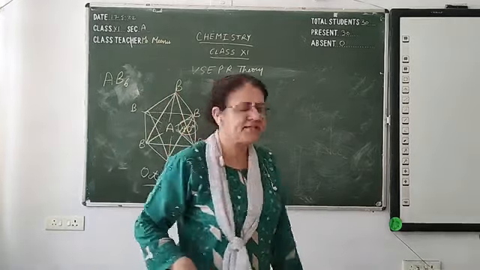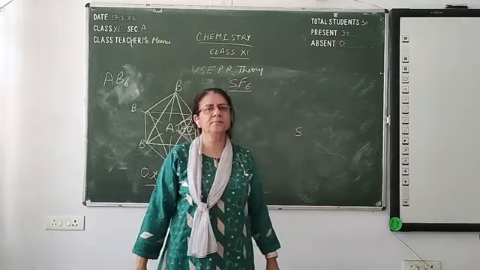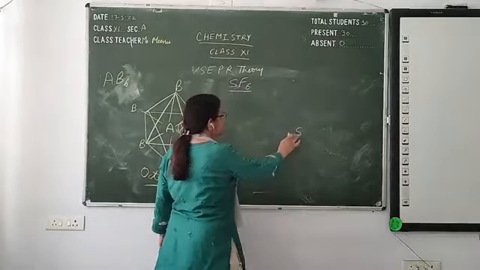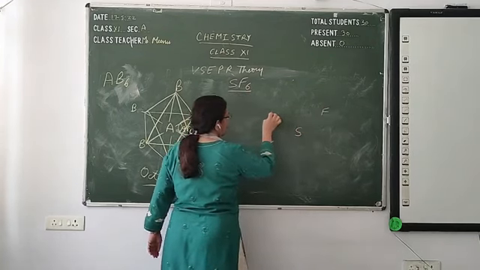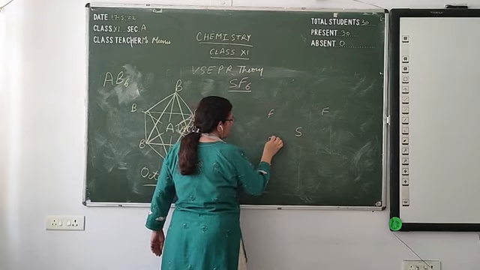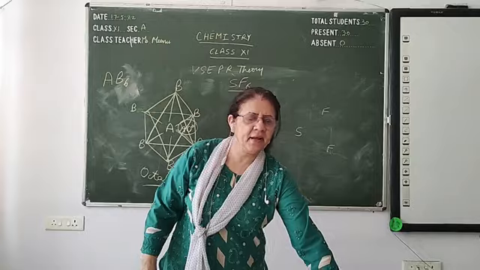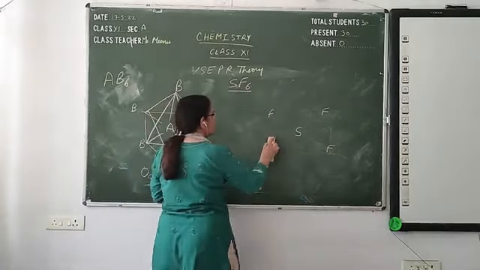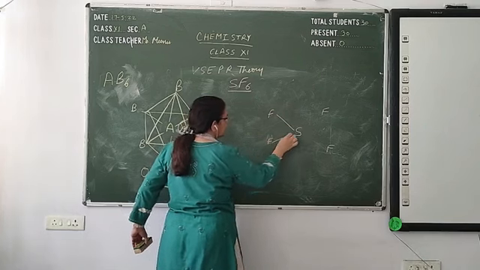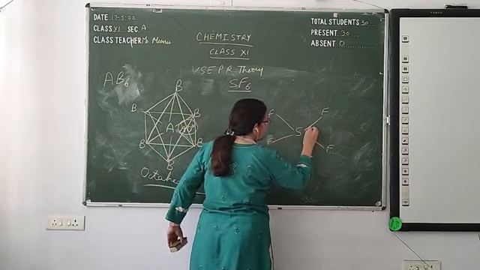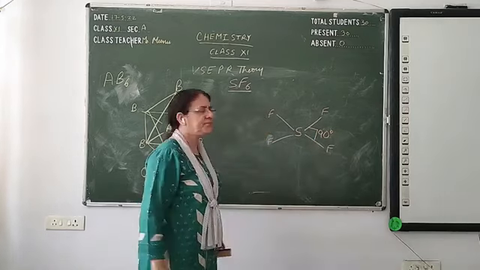In case of SF6, sulfur is the central atom, okay, and the central atom is surrounded by fluorine. 4 fluorine are on the same plane, as you can see. So I am joining the 4 fluorine to sulfur and the bond angle is here 90 degree.